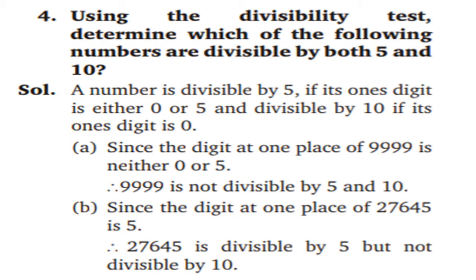So since the digit at one's place of 9999 is neither 0 nor 5, therefore 9999 is not divisible by 5 and 10. Now B part, 27645. So since the digit at one's place of 27,645 is 5, therefore 27,645 is divisible by 5 but not divisible by 10.